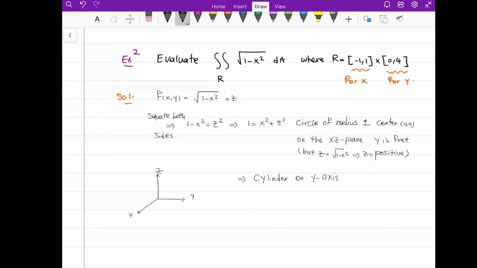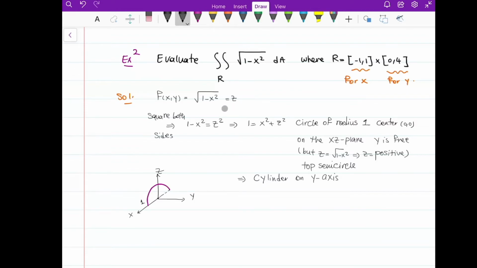Okay, so when z is positive, it means that we have the top half of the circle. So what do we have in here? We have the top half of the circle of radius 1 on the xz plane. This is the radius 1, just the top half of it because z is positive.